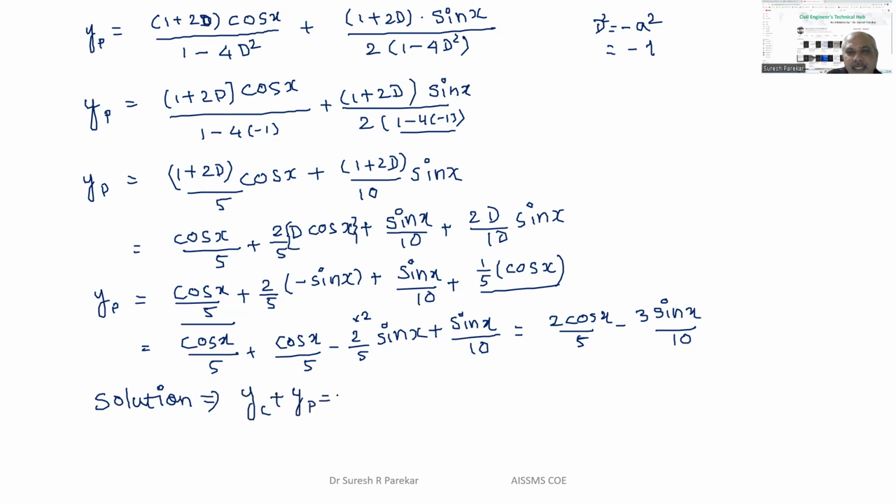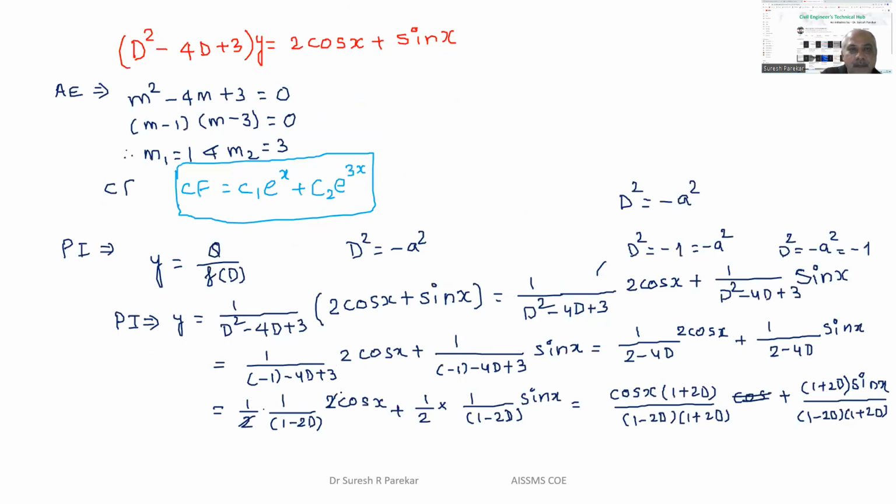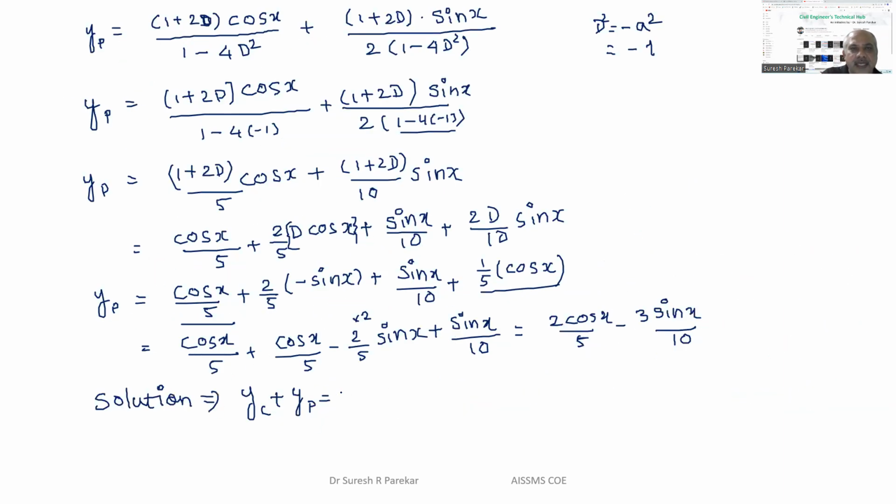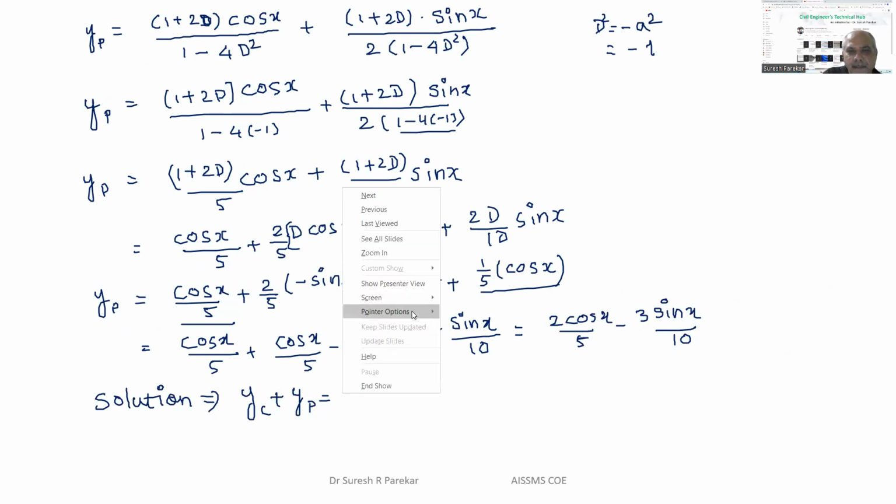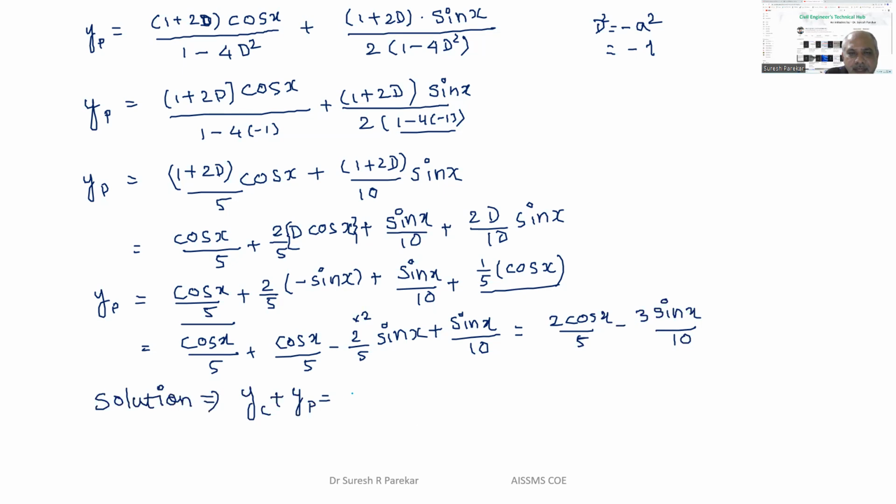And then we will get this value that is equal to, the complementary function we have c1 e raised to x plus c2 e raised to 3x, plus 2 cos x upon 5 minus 3 sin x upon 10.